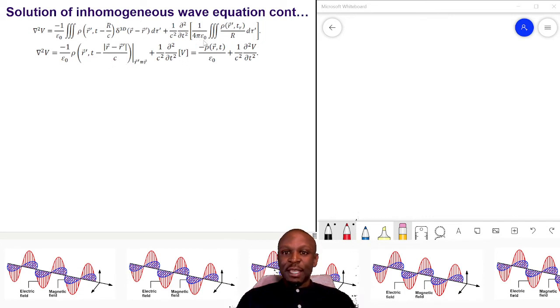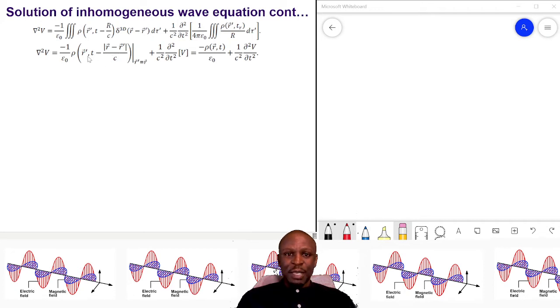Now here, whenever I see this, I write the potential, and that must be equal to this. This must be equal to this, because this term here is nothing else but just the minus rho, and this is nothing else but the retarded time. When r is equal to this r, this would just vanish.